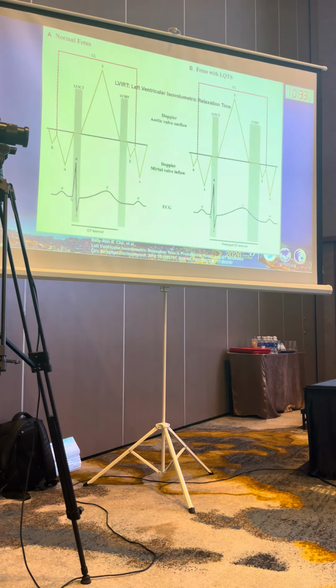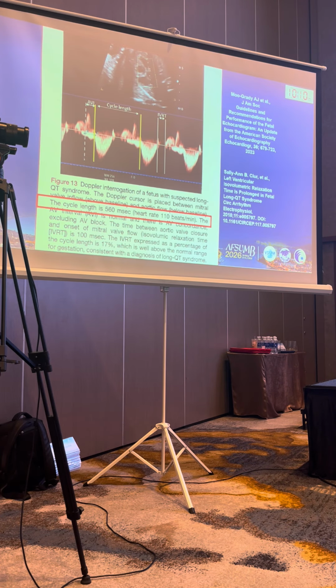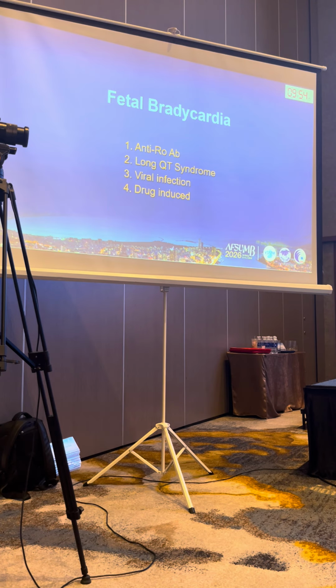In this case the right and left side are normal, but we have a prolonged left ventricular isovolumetric relaxation time, and the ratio between it and the cycle length will be longer. We can use Doppler across the mitral valve and aortic valve to see the cycle length and the IVRT. So it's very important to use ultrasound to detect long QT.